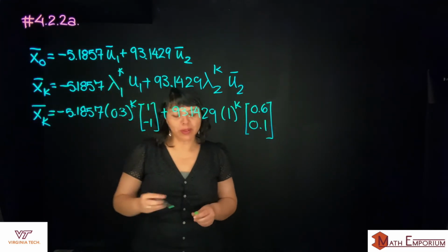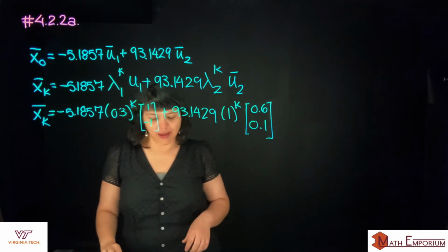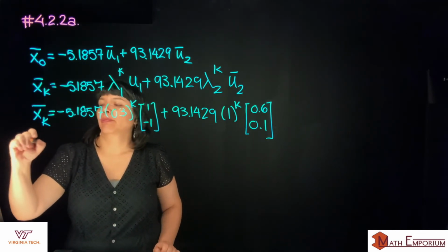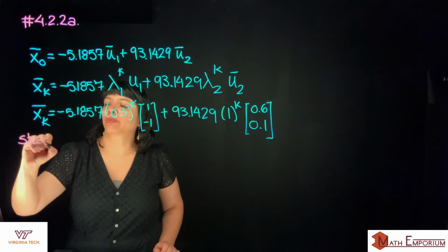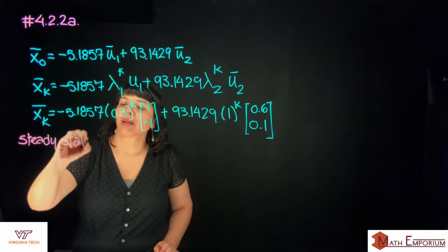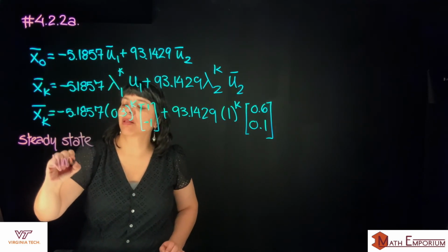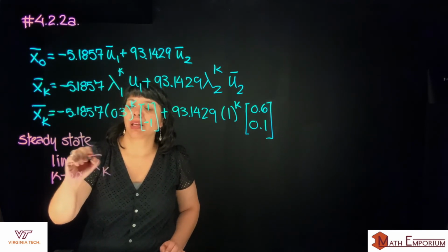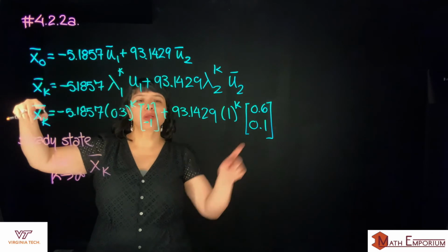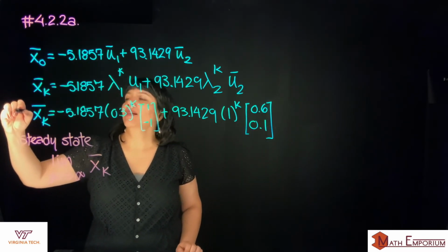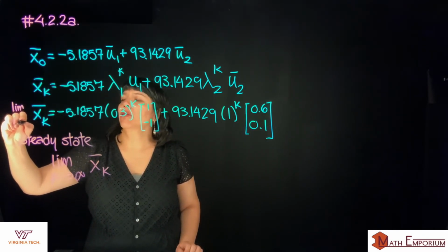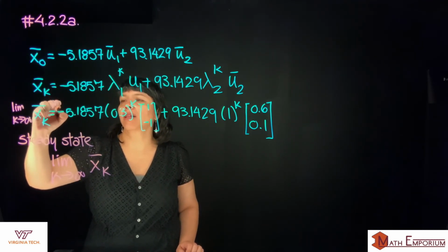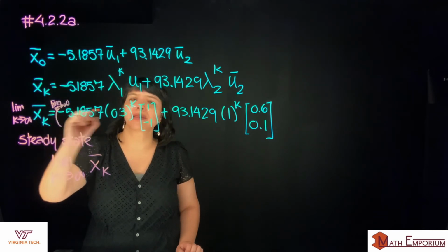And now if I want to figure out what is the steady state, that means that you want to take the limit when k goes to infinity for xk. I have to do the limit when k goes to infinity for all of these things.